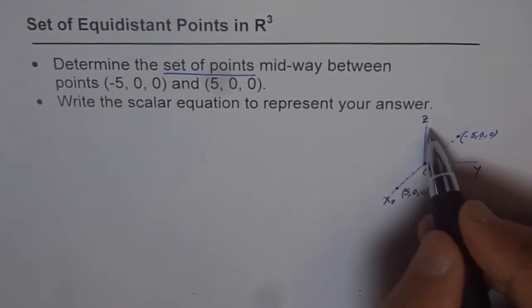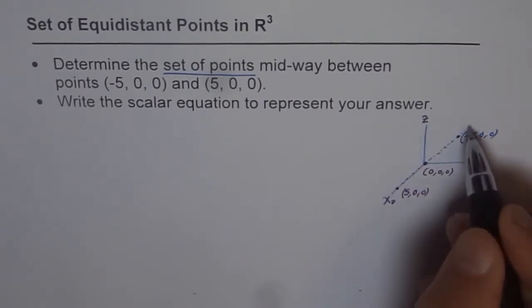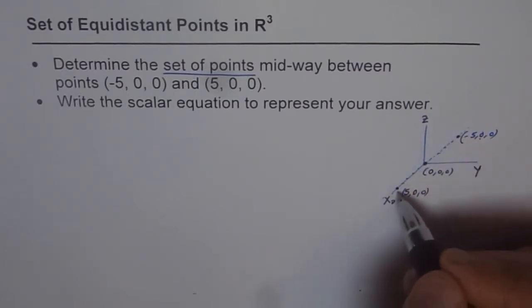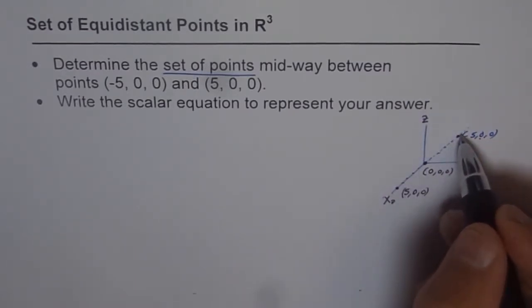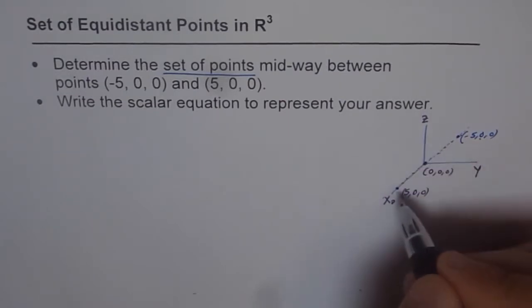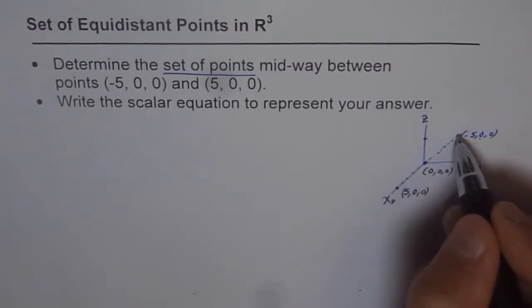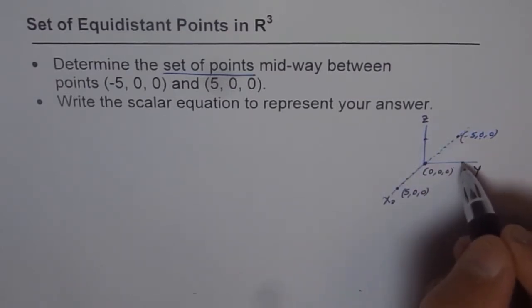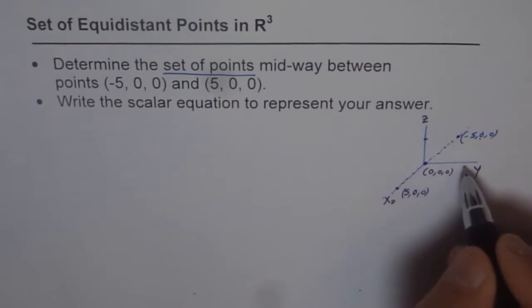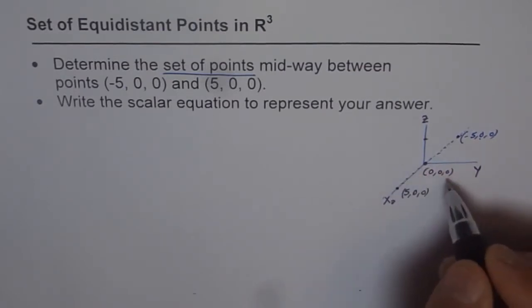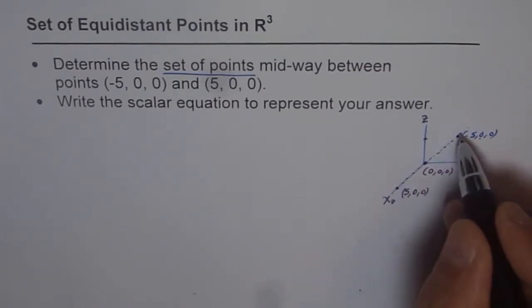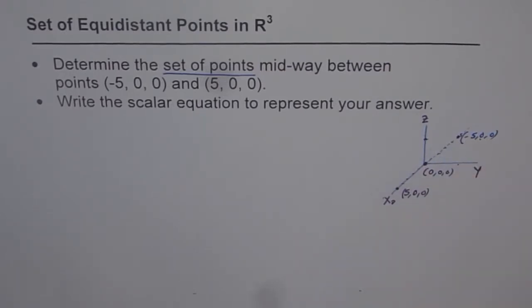If you see, any point on this YZ plane will actually be equidistant from these 2 points, correct? Any point, including the axis. So if I take a point here on the Z axis, it will be the same distance from these 2 points. Or if I take a point here on the Y-axis, maybe positive or negative, it is going to be the same distance from these 2 points.